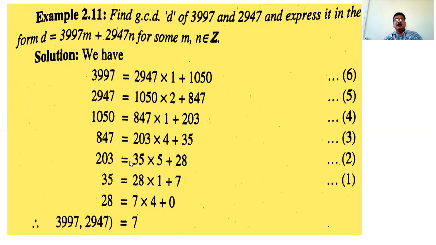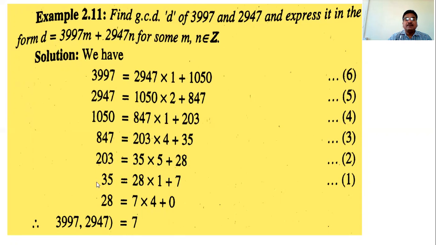Then 203 equals 35 times 5 plus a remainder. How do we get this quotient? If we divide 203 by 35 on a calculator, the quotient is 5 point something, and 203 minus 35 times 5 gives 28.